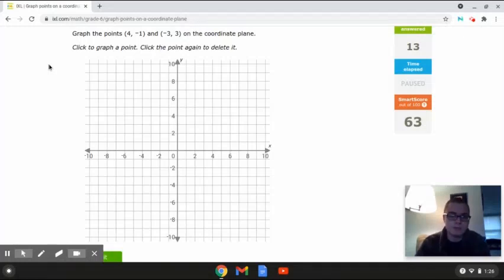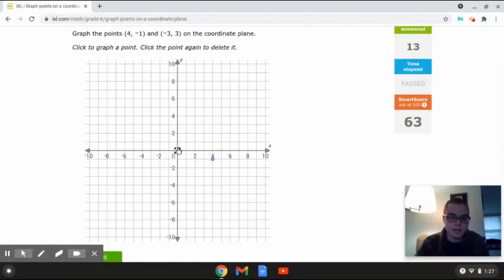First, we're going to be graphing the point 4, -1. We're going to go across by 4 on the x-axis, and then down 1 on the y-axis, because that's a negative number, not a positive number. So we go across by 4 on the x-axis, that's here, and then down 1, so that's here. Next, we're going to go for -3, 3.